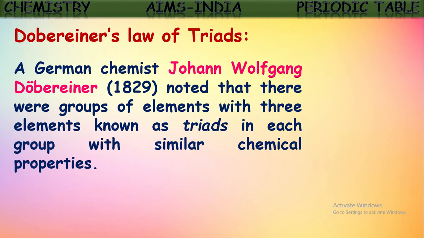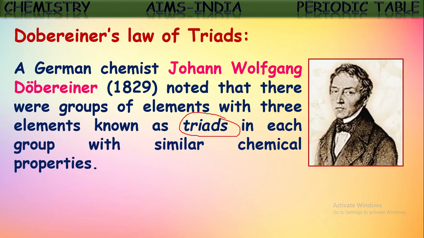He called these three elements one set and named them a triad. In honor of his name, they are now called Dobereiner's triads.